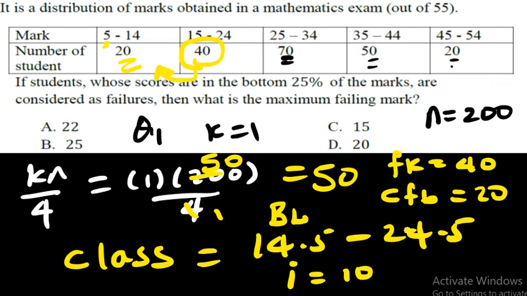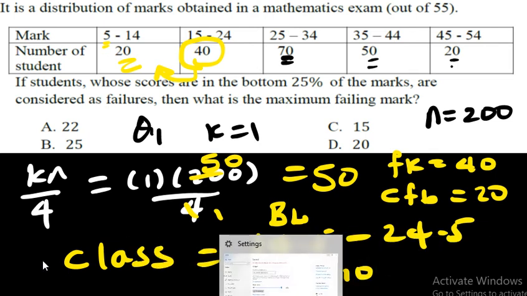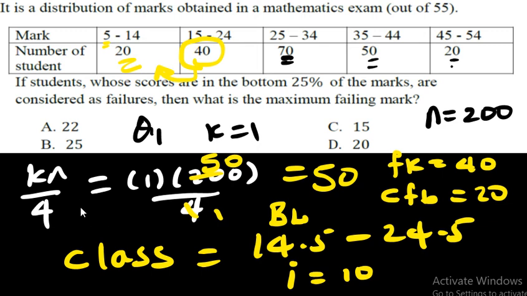Now hopefully we have everything. As you see here, we have Kn over 4, frequency of the class, cumulative frequency of the class before, the class interval, and the class lower boundary. We have everything, so we can apply now.